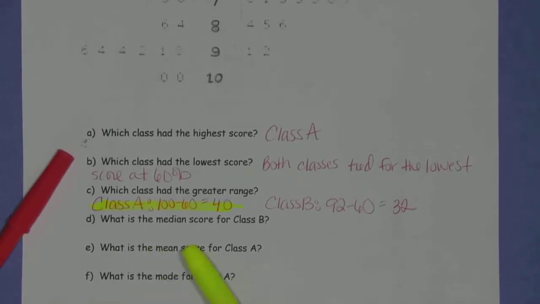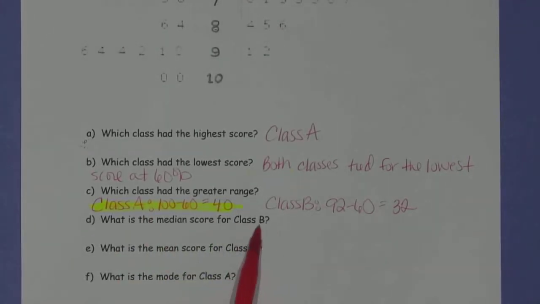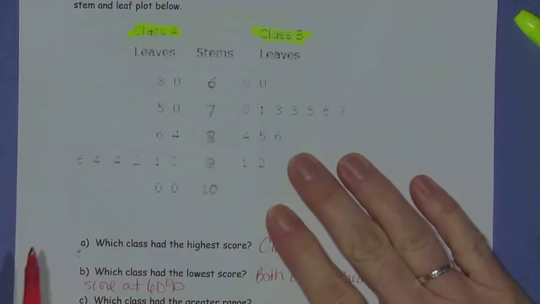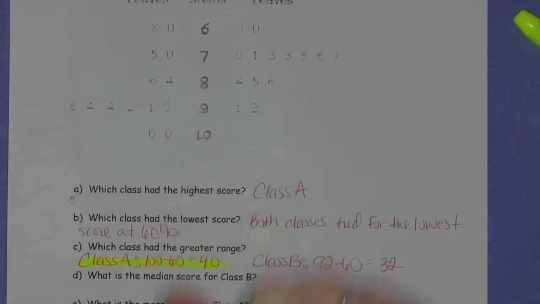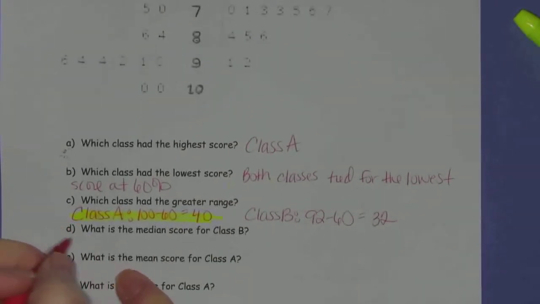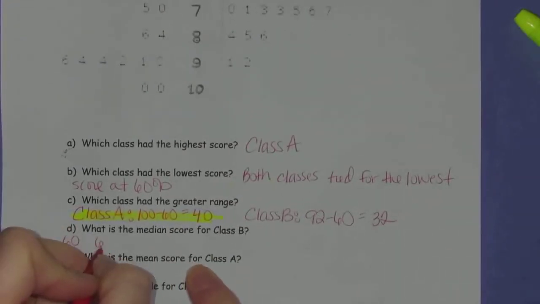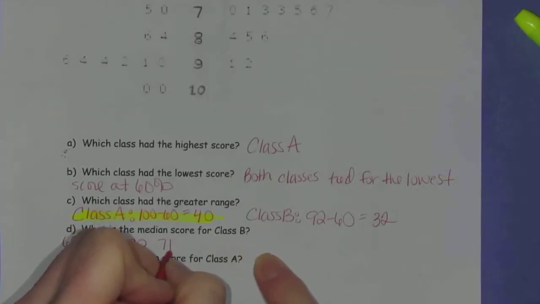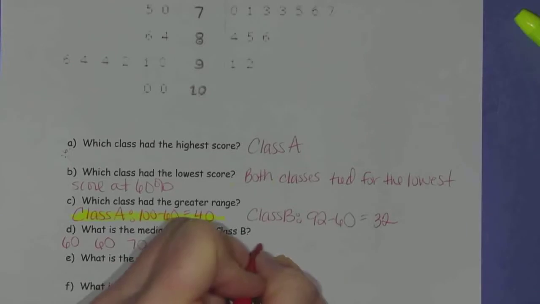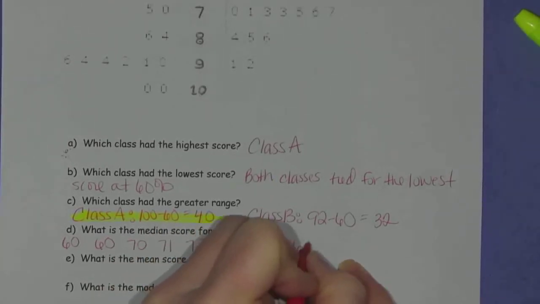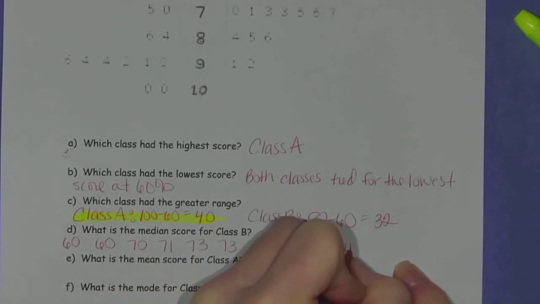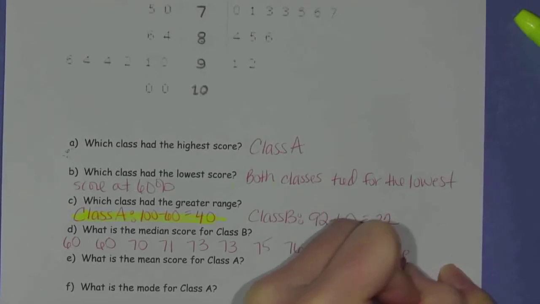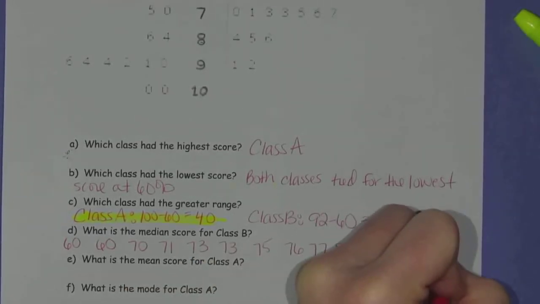All right, what is the median score for Class B? So for Class B over here on the right, I'm going to have to write out all the scores and find the middle. So here I go. I've got 60, 60, 70, 71, 73, 73, 75, 76, 77, 84, 85, 86, 91, and 92.